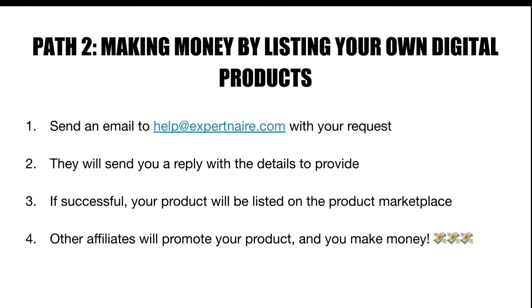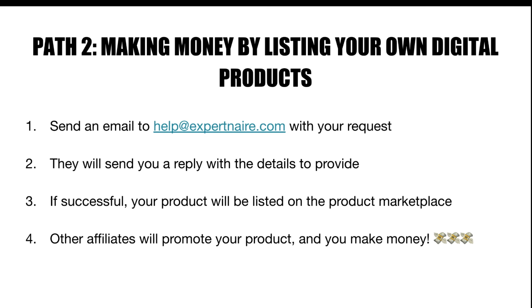So this is the second way that you can make money on Expertnaire, which means that you don't have to only start promoting other people's products. If you have a good product out there, and remember I said Expertnaire only accepts quality products, you can just send an email to them, and if you are successful, they will list your product on the product marketplace, and then other affiliates would be able to promote your products, and you will make money like that.